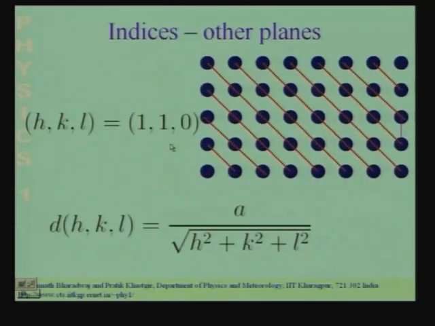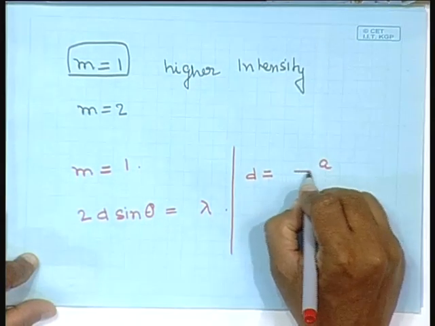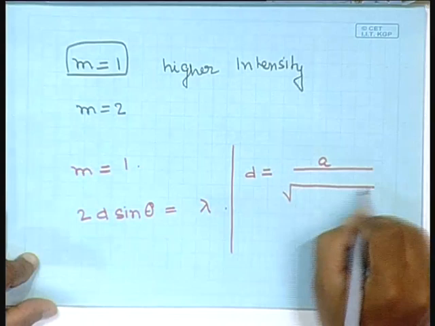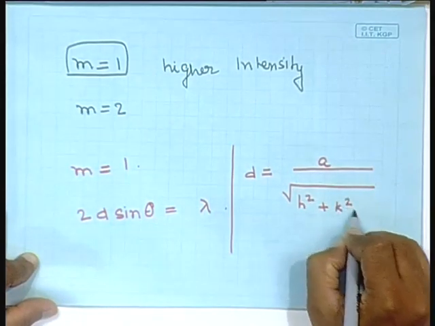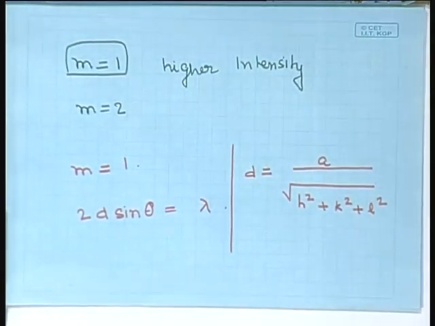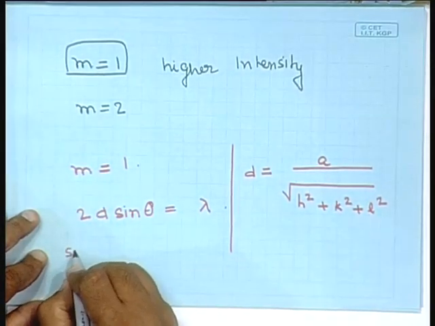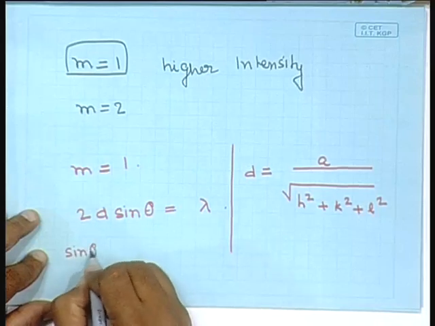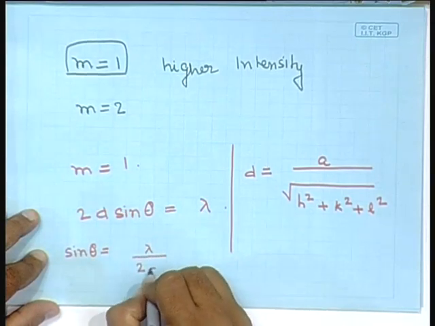I have shown you one example, but you could have many other planes, and for these planes d is going to be the interatomic spacing divided by the square root of h square plus k square plus l square. And we can write this as sin theta is equal to lambda by 2d.